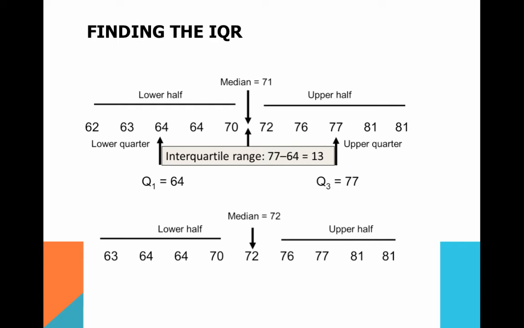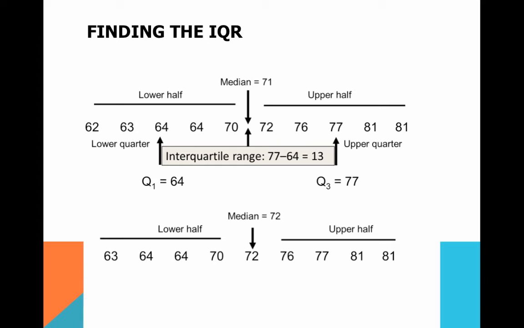The upper half contained 76, 77, 81, and 81. These 4 numbers. The median in this case is not included in your lower and upper halves. You've used this number up, so you don't include it in determining your lower and upper halves.